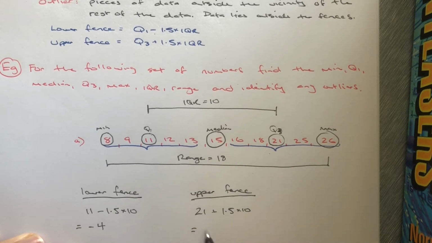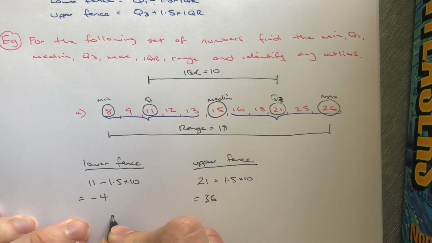So that means that's going to be 21 plus 15. So we have 36. Now, did we have any values that weren't inside the span of -4 to 36? No, so that means no outliers.